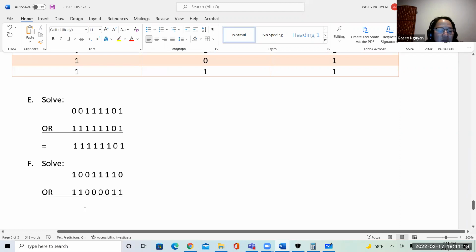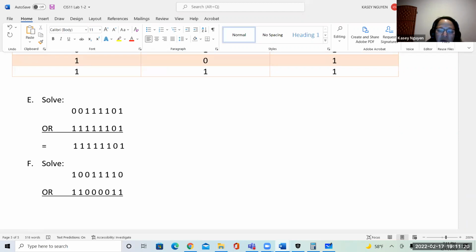Okay, so you can do F. I'll help you start with that. So 1 or 1, we would have 1. 0 or 1 is 1, and so on. Just look at the table and the rules for the truth table, and then apply that to find your result.